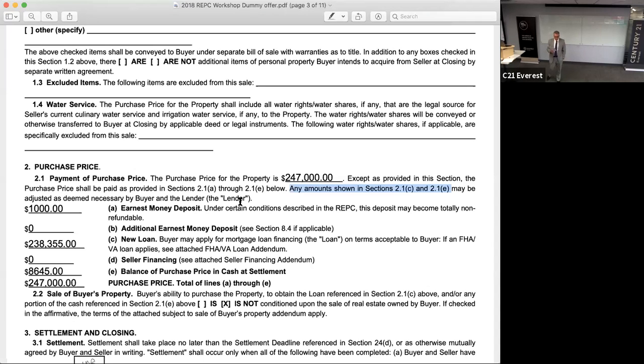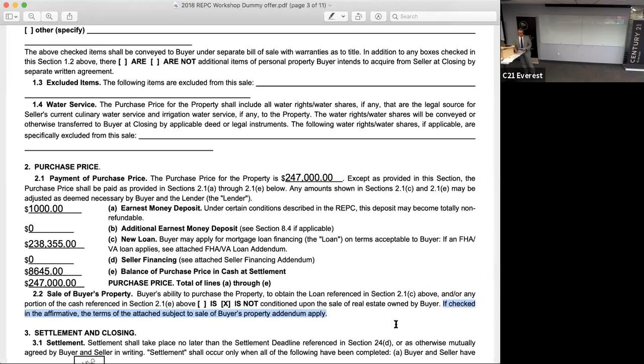All right, section 2.2. Any concern there? Yeah, no concern. So here's the key thing though. If you do check the box as is, then notice right after where the is or is not box is, it says, if checked in the affirmative, the terms of the attached subject to the sale of buyer's property addendum apply.